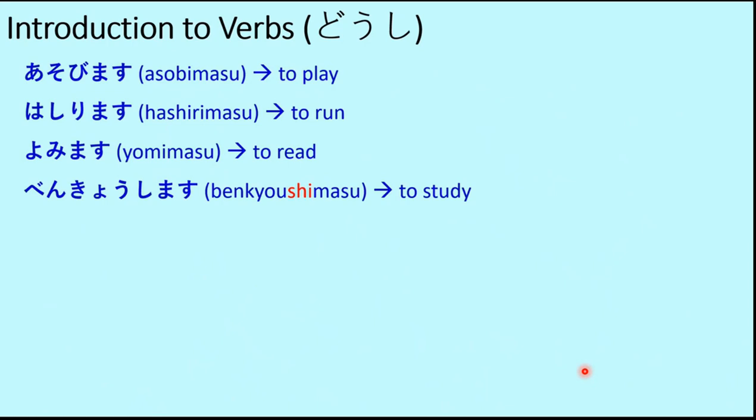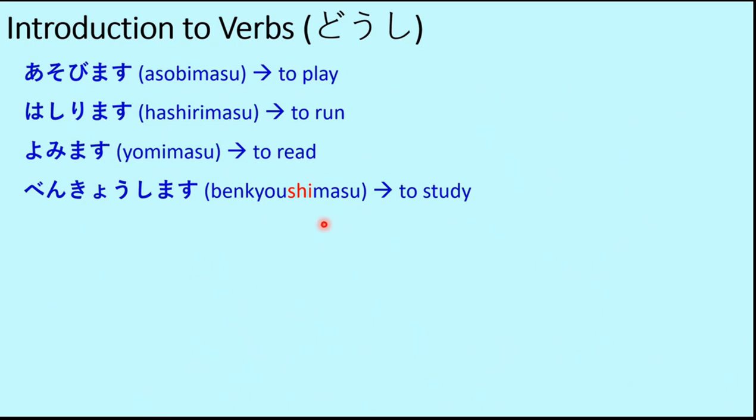You might remember we just discussed benkyo suru, which was the group 4 verb, and that was the category of noun verbs. So benkyo is the noun which means study, and suru was to do something. So the addition of suru to benkyo made it a verb. So benkyo is study, which is a noun, and benkyo suru is to study, which is a verb.